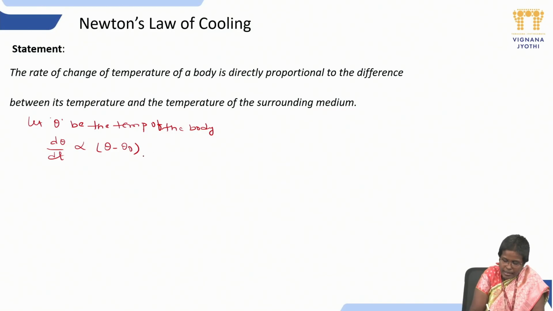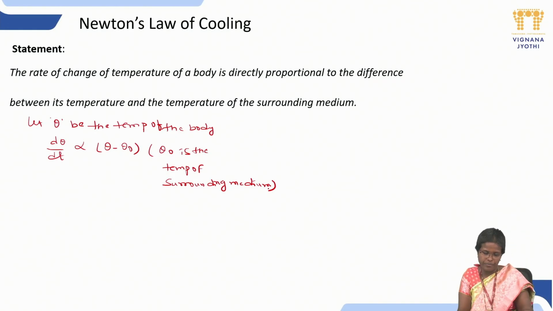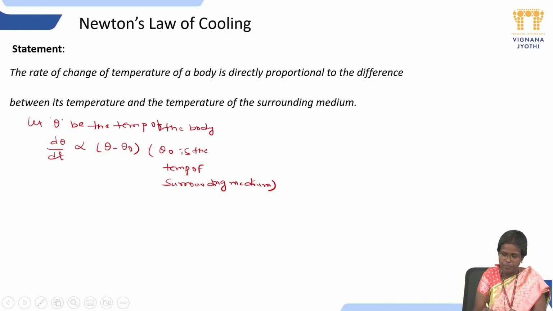Here theta naught is the temperature of the surrounding medium. So theta is the temperature of the body, and theta naught is the temperature of the surrounding medium.